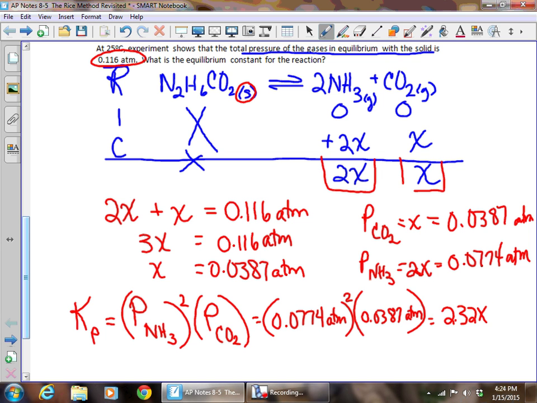So we just figured out the equilibrium constant Kp for this particular reaction.